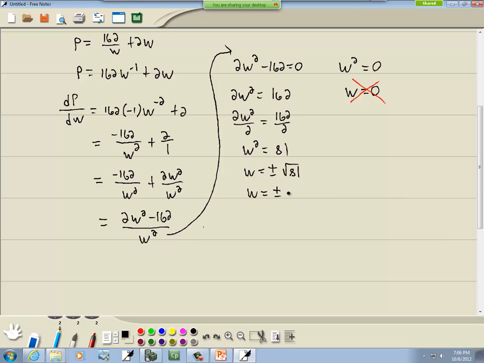Now 81 is 9 times 9, so the square root of 81 gives us 9. So we got W is equal to negative 9, and W is equal to positive 9. Now again, keep in mind we're dealing with distance, width. Negative distance does not make any sense, so I'm going to cross that one out. So the only possibility we have is W is equal to 9.